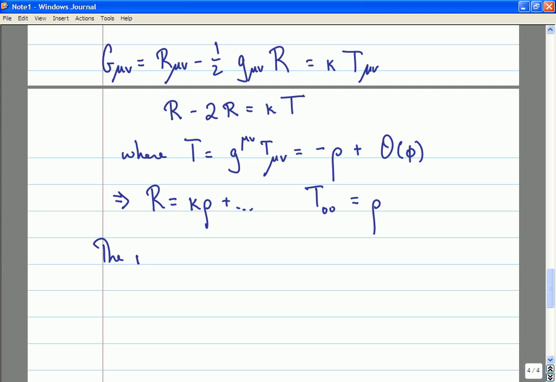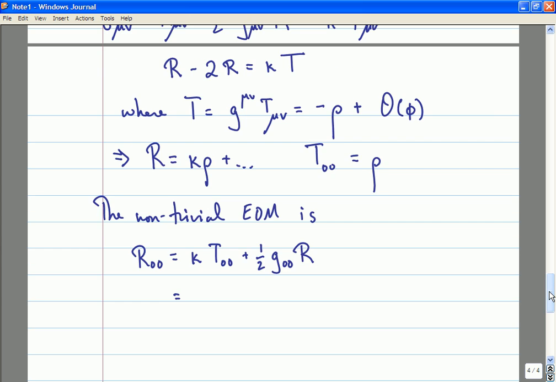The non-zero component of the equation of motion will be the statement that R00 is equal to kappa times T00 plus 1/2 G00 times R, which, if we work to order phi to the 0 on the left-hand side of this equation, is just going to be 1/2 kappa rho, because G00 is minus 1 plus terms that are subleading in phi.